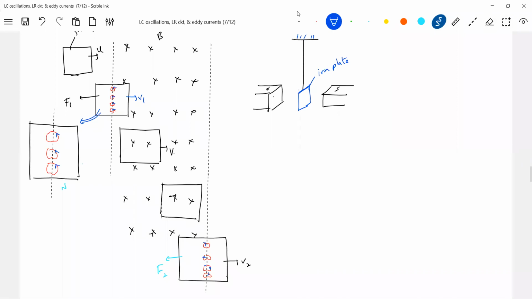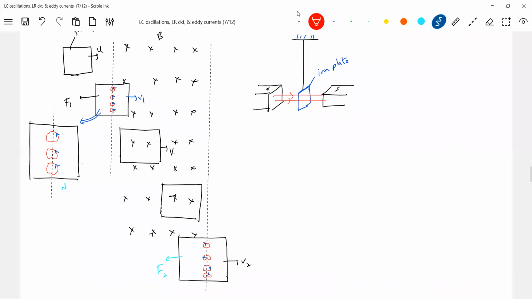How are the lines of force? The lines of force should be in this direction. I can deflect in either way. So I think I've just shown the direction. I think I'm unable to, this is a 3D situation.